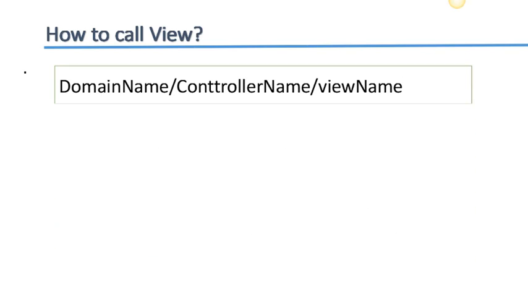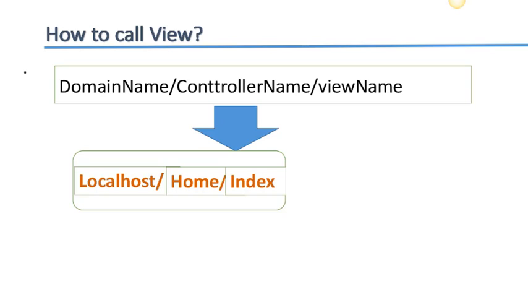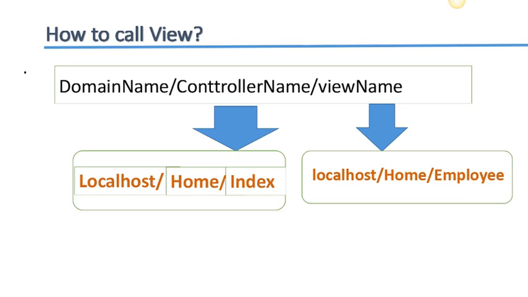We can call the view by providing the domain name / controller name / view name. It is the same as on our local machine, where we call localhost / home / index. So we can call the employee view like localhost / home / employee.